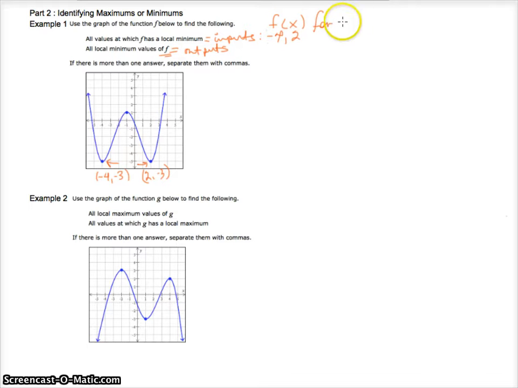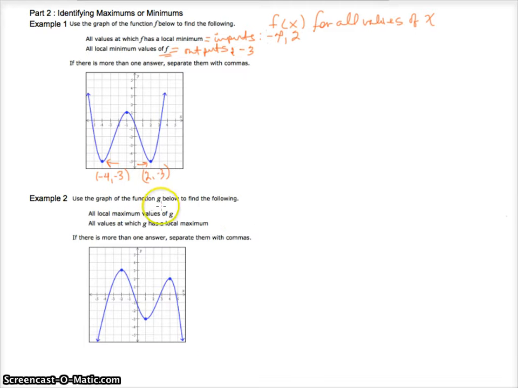Let's change that to f of x for all values of x. So my outputs now are going to be -3. Oh, and it's just -3 again. So my minimum is -3. So my minimums are -4, -3, and 2, -3. Let's look at another one.